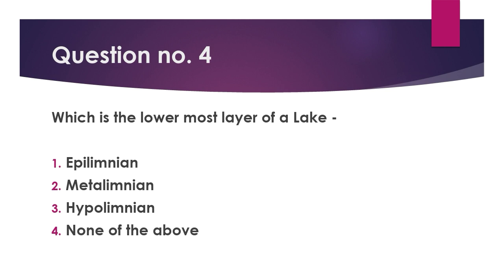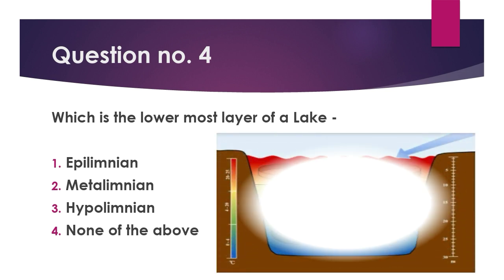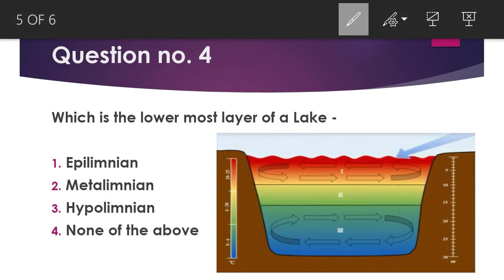Now the fourth question is, which is the lowermost layer of a lake? As you know, oceans have different layers like the photic layer, aphotic layer, and we also have a thermocline layer. So in lakes there are also different layers. This is the picture of a lake. Here you can see that there are three layers. One is the uppermost layer, there is a lowermost layer, and between these there is another layer.